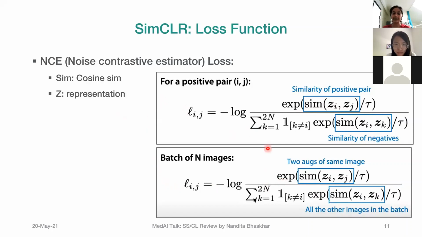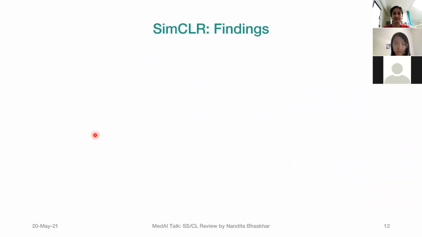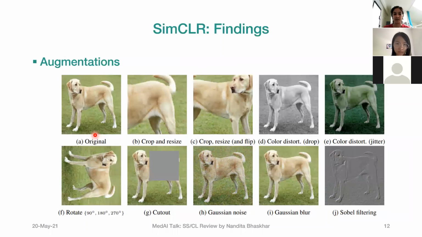In SimCLR, the similarity that they use is explicitly cosine similarity, and z in this formula represents the actual representation from the encoder.